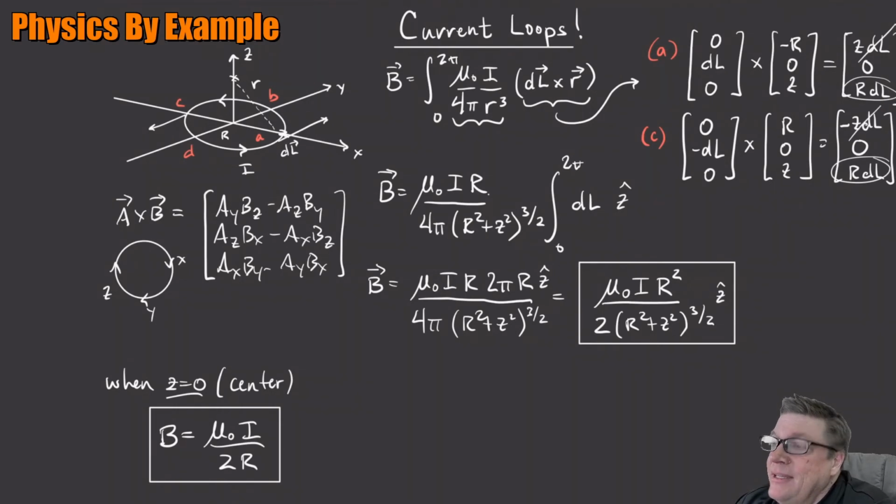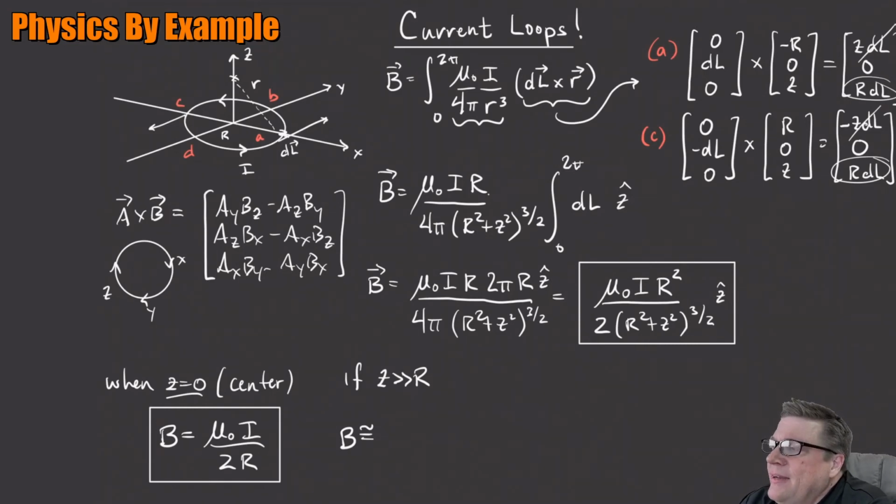And the other interesting thing we can do is, let's look and see what happens if Z is a whole bunch bigger than R. So when we're far away from the loop, how does the magnetic field behave? In that case, B will be approximately, let's see.